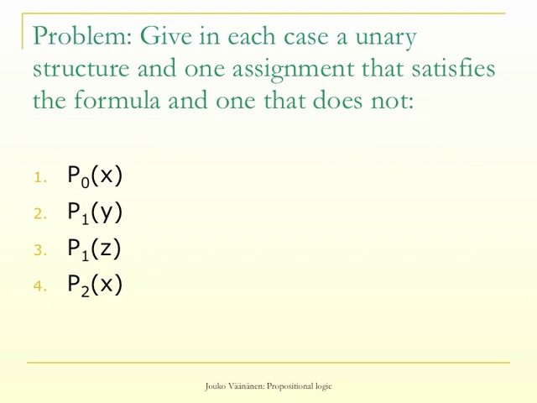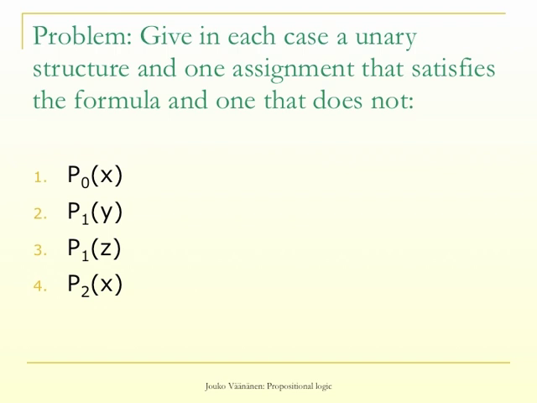Give in each case a unary structure and one assignment that satisfies a formula and one that does not. And the given formulas are 1, P0x, 2, P1y, 3, P1z, and 4, P2x. So the vocabulary here seems to consist of 3 unary predicates P0, P1 and P2.